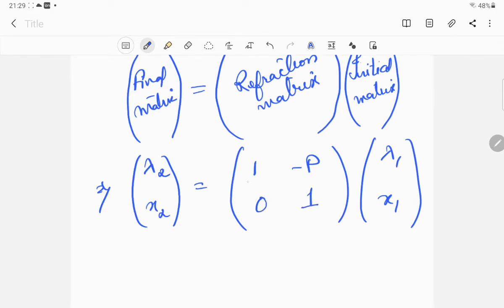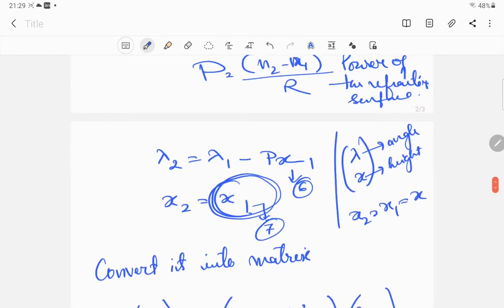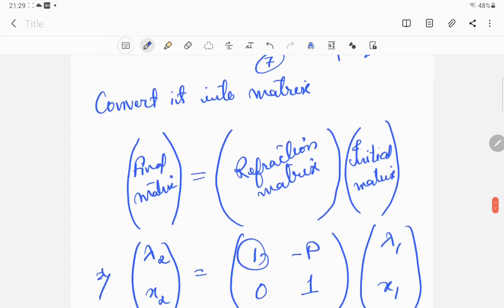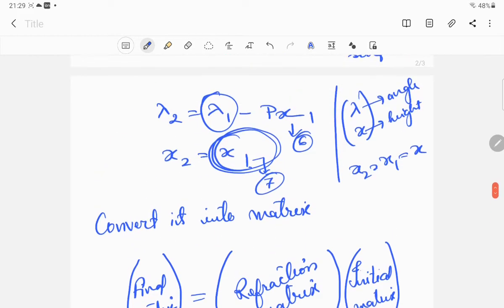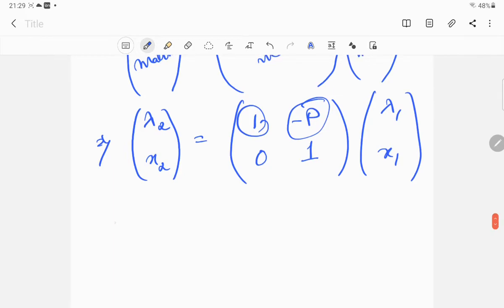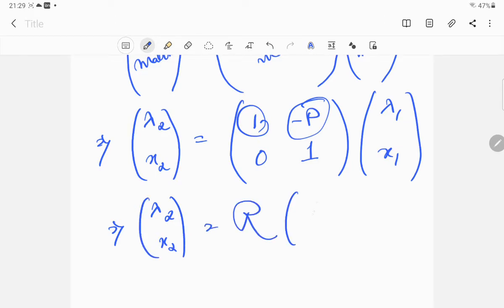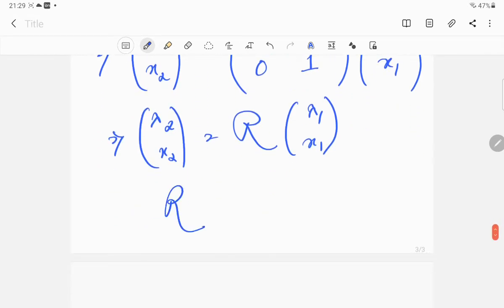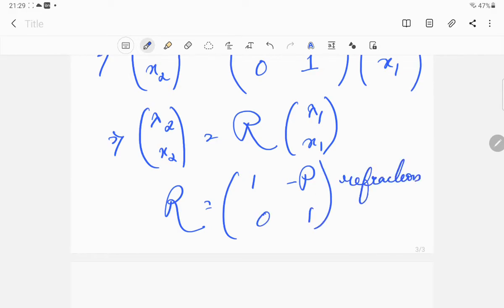I am again repeating why I have taken 1 here, because the lambda element is 1. Similarly, I have taken minus p here because the x element is minus p. So you can write lambda 2, x2 is equal to the refraction matrix times lambda 1, x1, where R is called the refraction matrix.